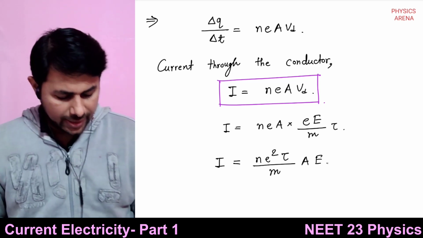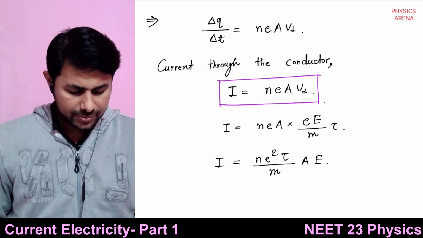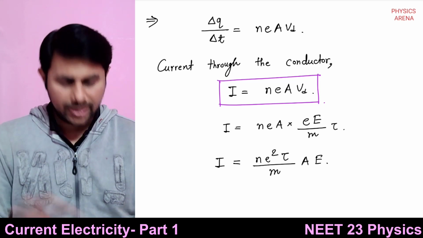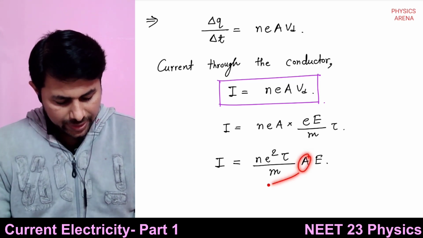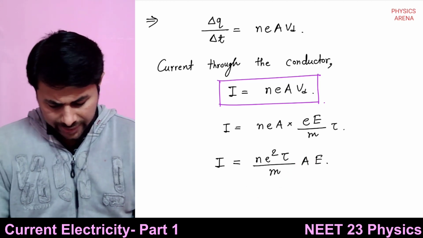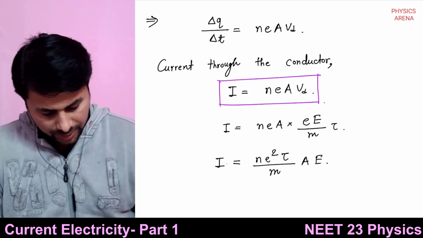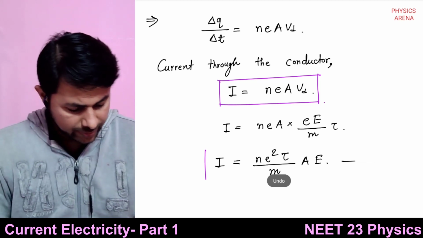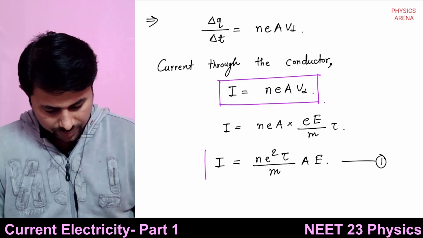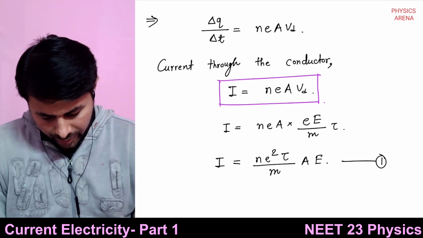Then I can write, all right, I will just derive one thing from here. So I will take A on the other side. Let's name this expression, let's call it 1. Okay.